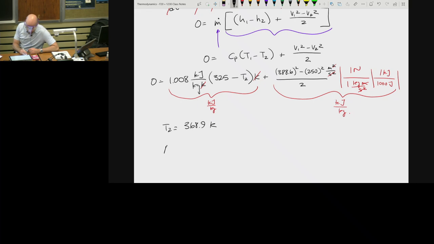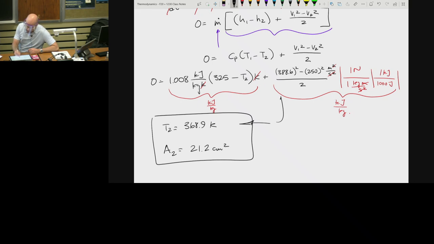And I will also tell you that the area of 2 is equal to 21.2 centimeters squared. So these are the two answers. You can check this one with this calculation, and this one you can use that mass flow rate is equal to AV over v, and you can now go with state 2, knowing that this is equal to state 1. I trust that you can do that.